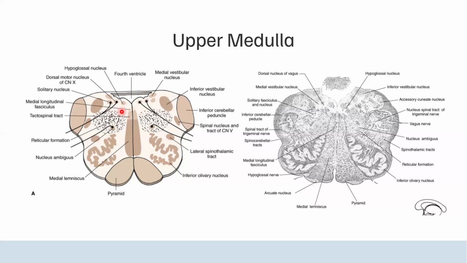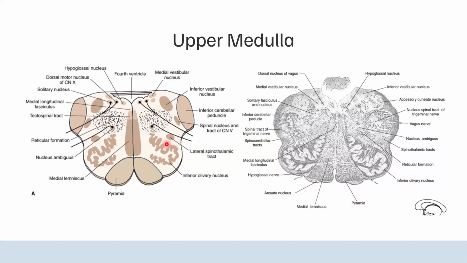So remember it this way. The most medial is going to be motor, and the most medial is going to be hypoglossal within the medulla. As we go laterally, we're still motor, so we're going to have our vagus, and then we finally reach the actual lateral with our nucleus tractus solitarius.